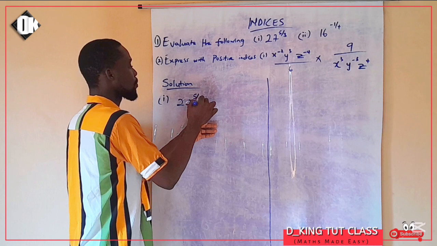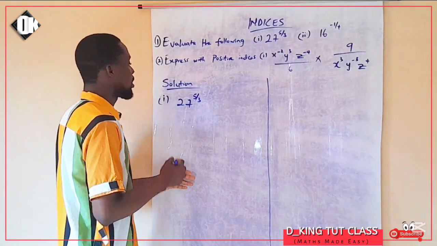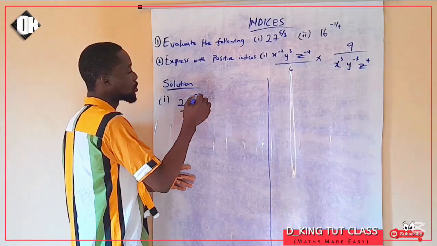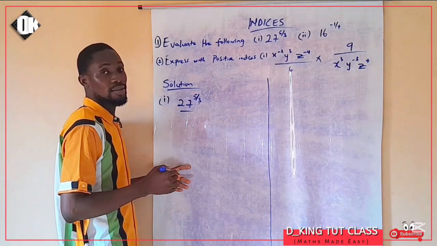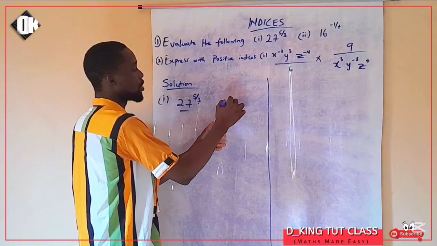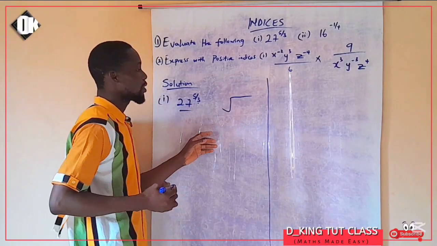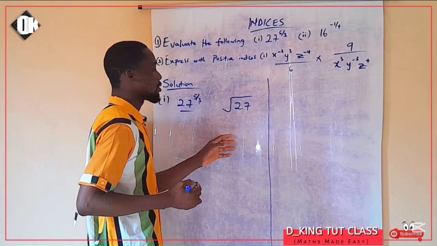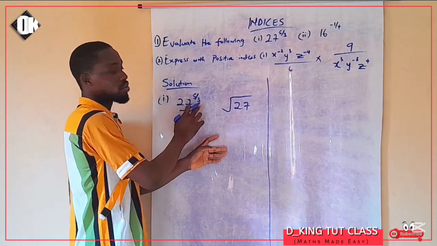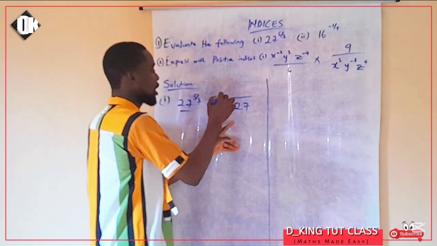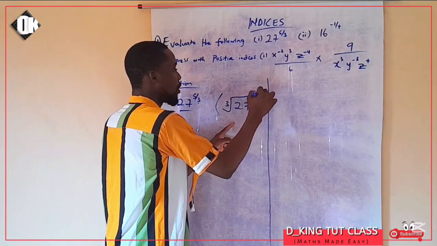the idea is to say, if I have a base and a fraction as the power, you have to first introduce a root. This base, put it inside the root, like this. The denominator, you bring to the back, within this root, and the numerator, make it the power.